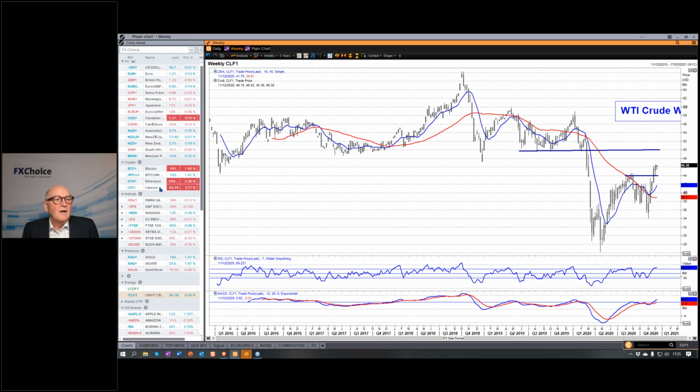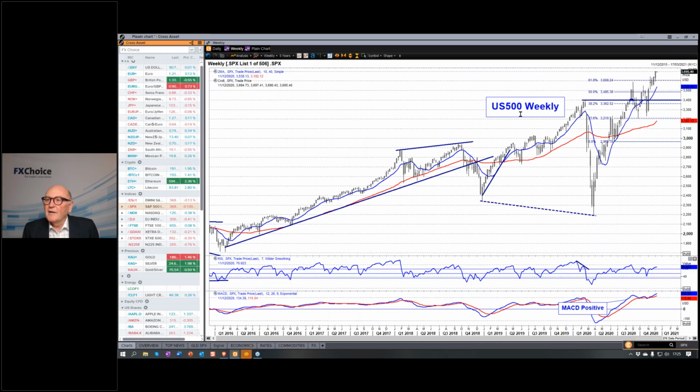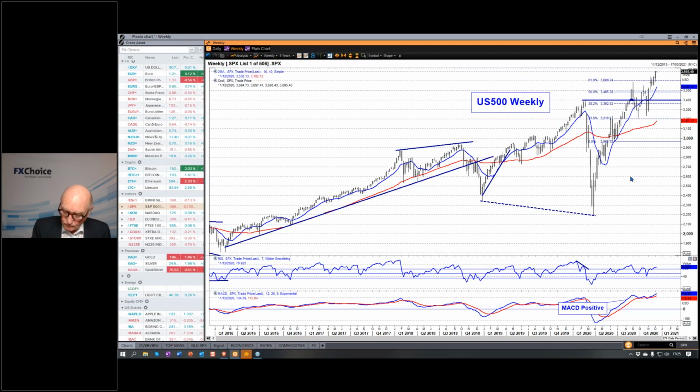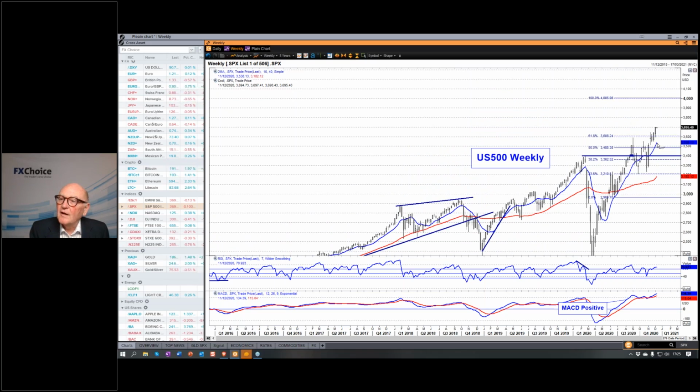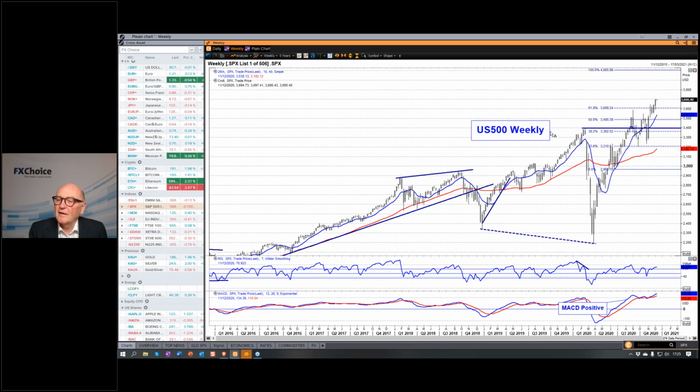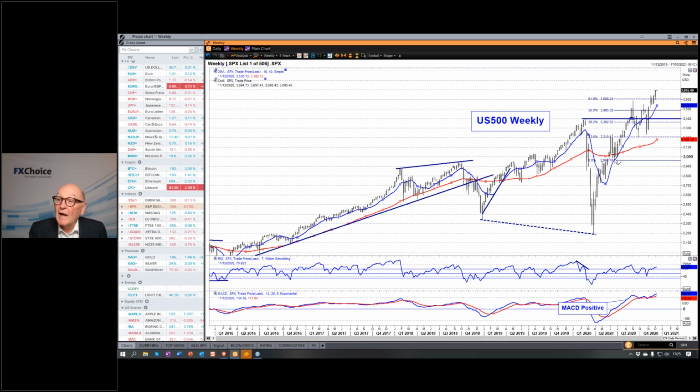So now let's move to stocks in the last 5 minutes here. And well, we're pushing ahead. Here is the US 500, and I've got a Fibonacci projection of 4,000. So how did I do that?